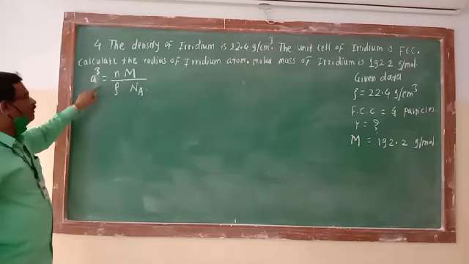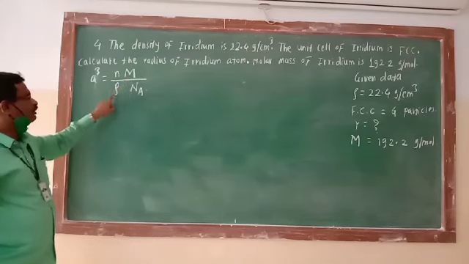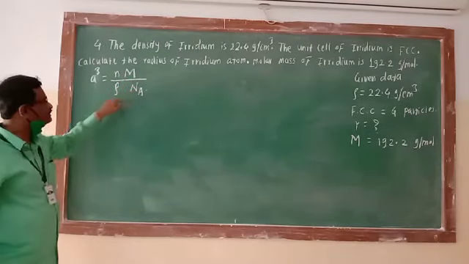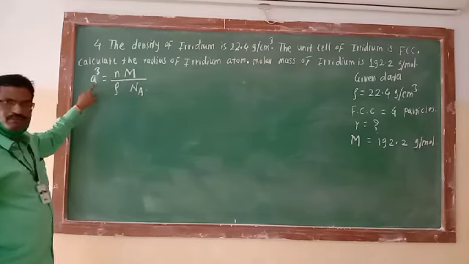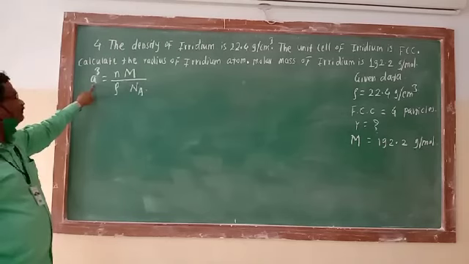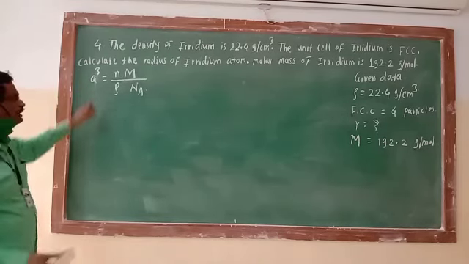a cube is nothing but volume, N is number of particles, M is molar mass, rho is density, and Na is Avogadro's number. So from this we can calculate the value of a, that is edge length we can calculate.